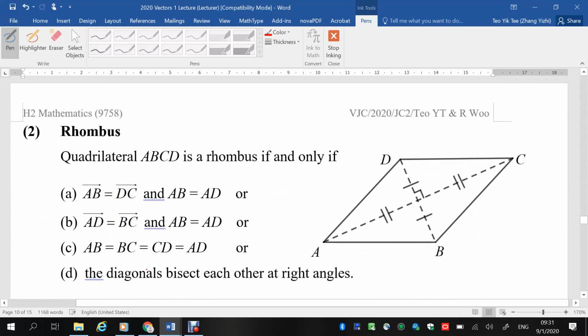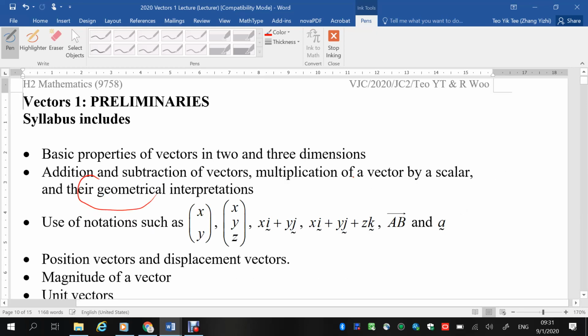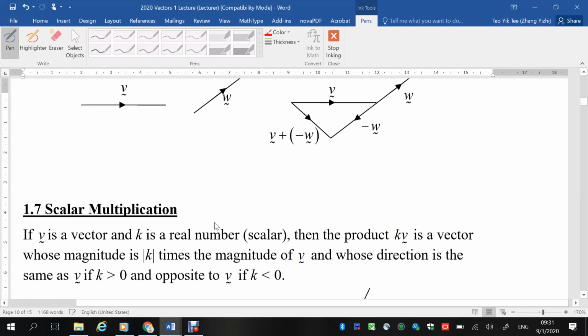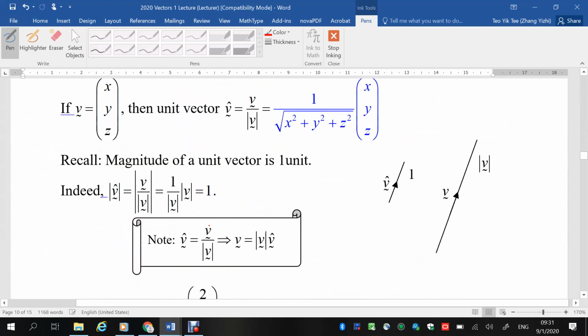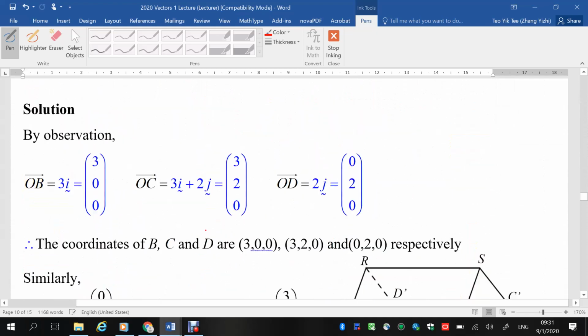The 4 sides must be equal in length, right? So you must tell me 2 things now: AB vector is equal to DC vector, and at the same time, the length of AB is equal to the length of AD. Telling me that they are parallel is not enough. You must also tell me that they are equal in length.